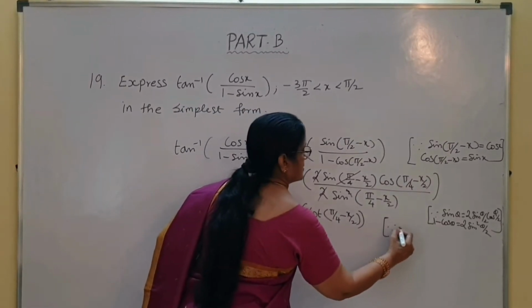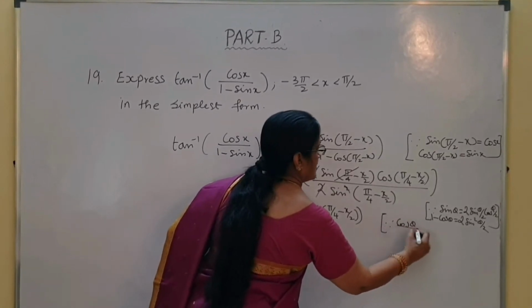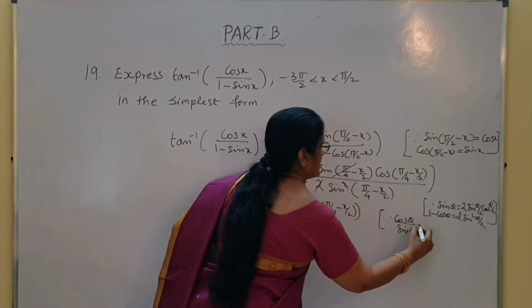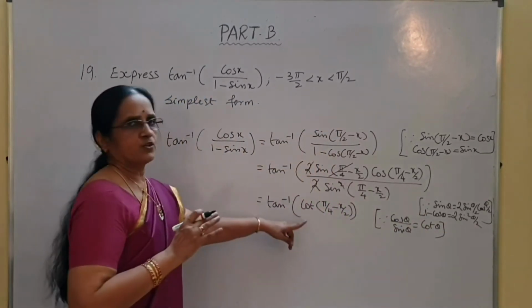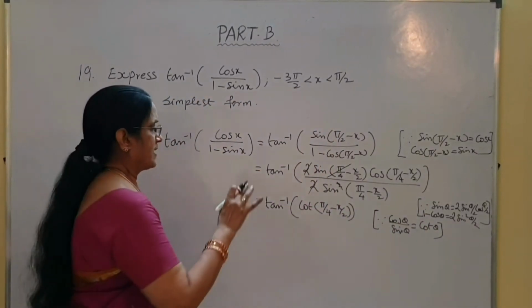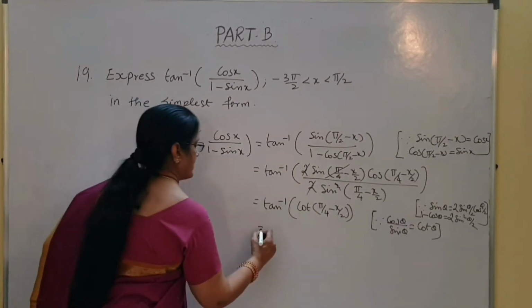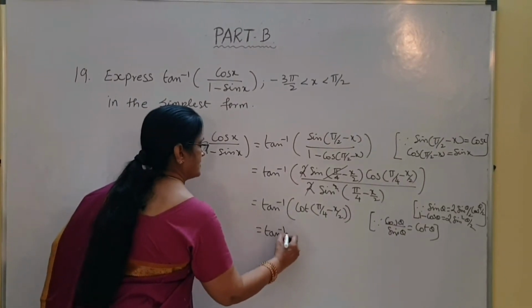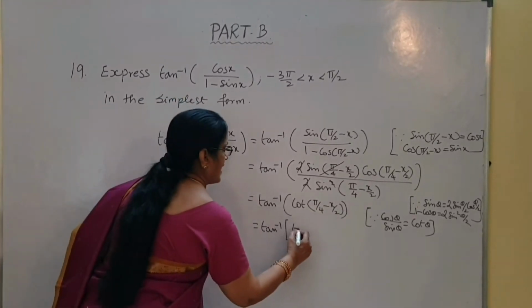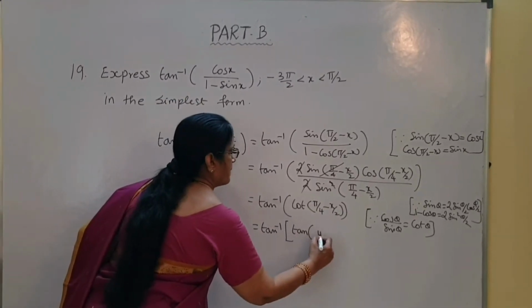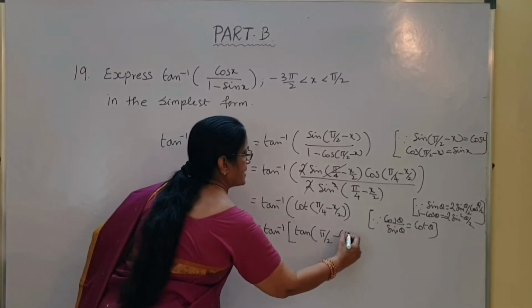Reason? Cos theta by sin theta is equal to cot theta. So this is the rule I made use of. Now again I can write this as tan inverse cot theta can be written as tan of pi by 2 minus theta.